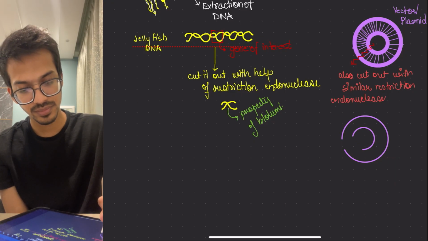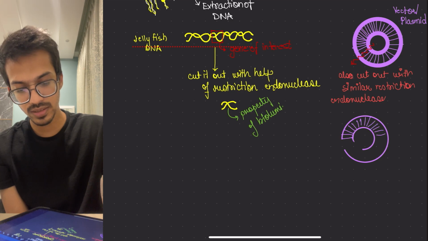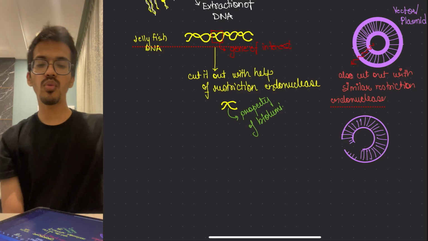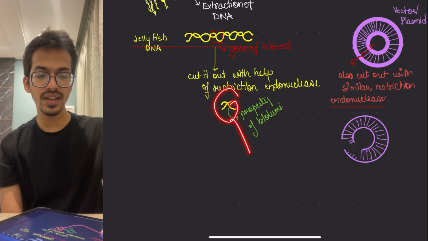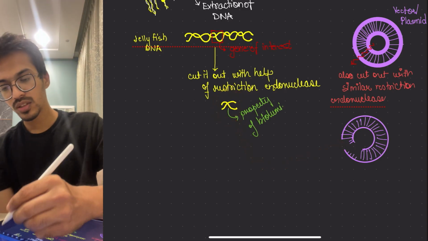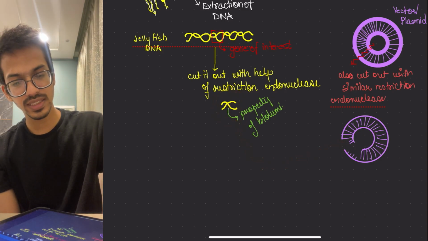The rest is there, the bonds are there, these bonds are opened up. Now what will happen? At this area only, this thing will go and attach to it. So let's see that.